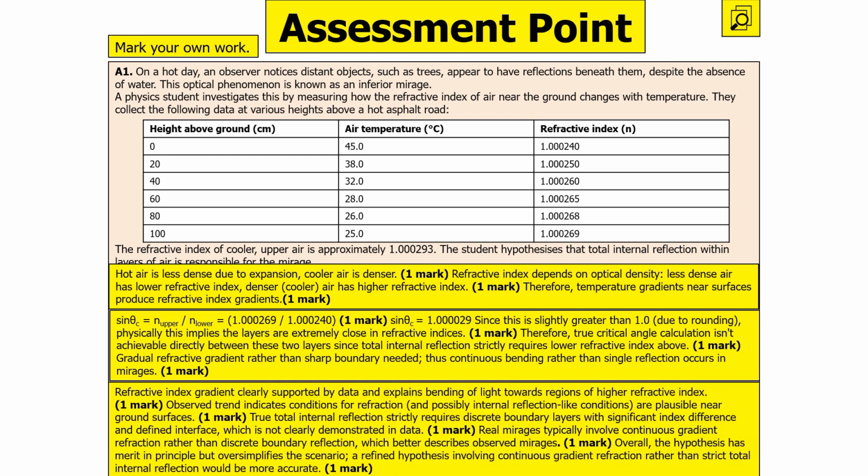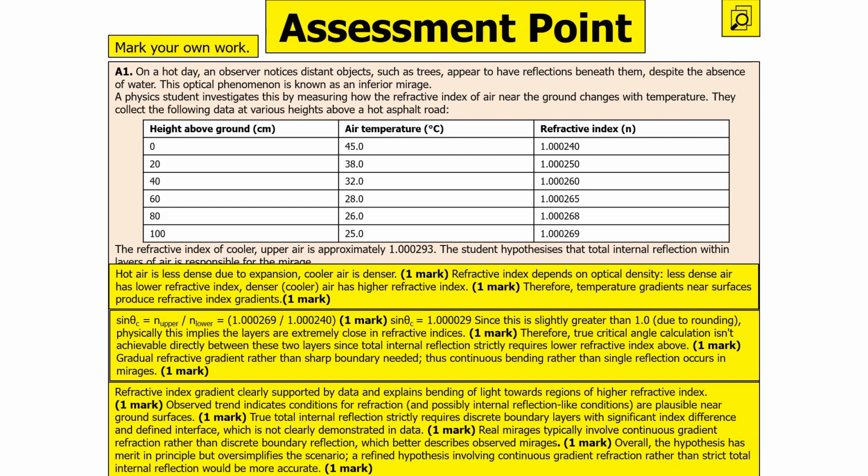Now, the refractive index gradient is clearly supported by the data and explains why the light is bending towards the regions of high refractive index. The observed trend indicates conditions for refraction are plausible near the ground surfaces. Now, total internal reflection strictly requires discrete boundary layers with a significant index difference and a defined interface, which is not shown in the data.